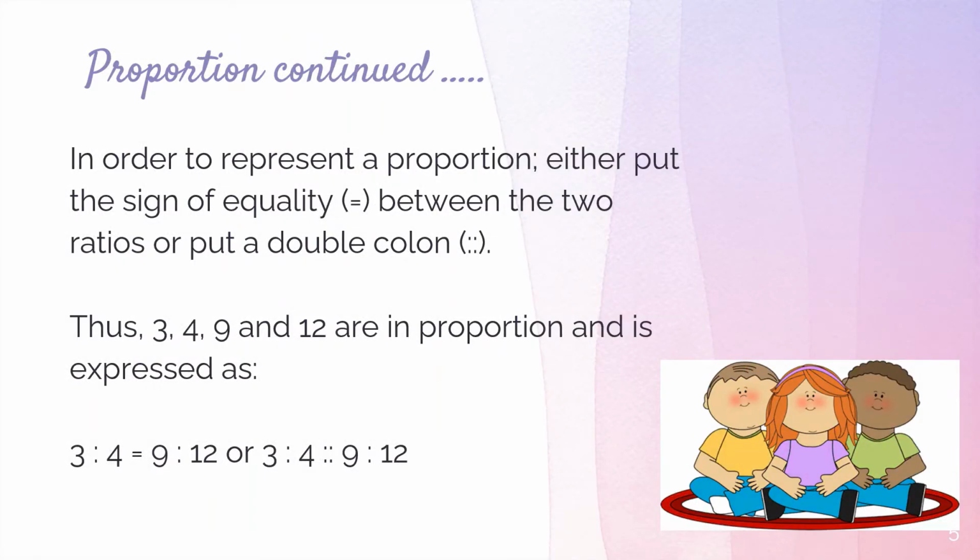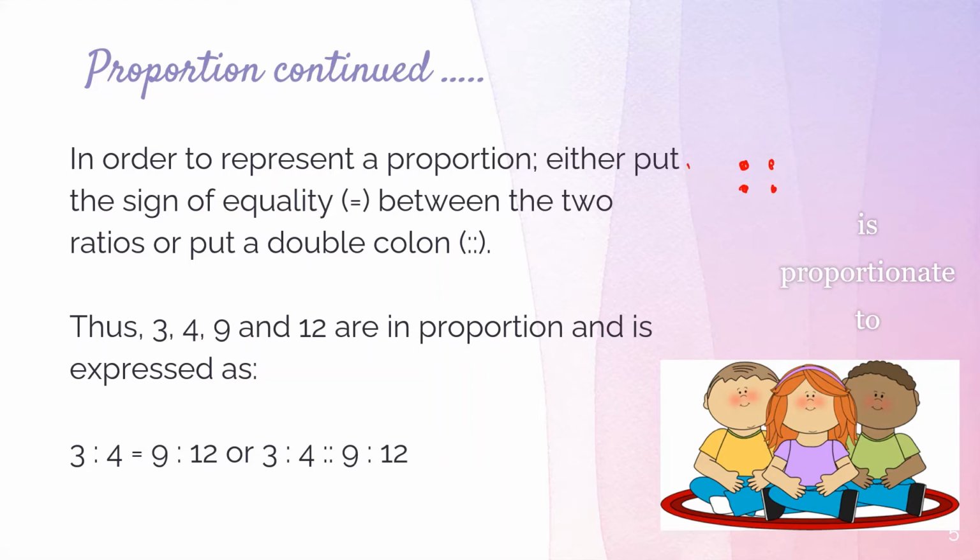It's time now we should learn how to represent a proportion. In order to represent a proportion, either put the sign of equality, that is equal to, between the two ratios, or put a double colon like this.